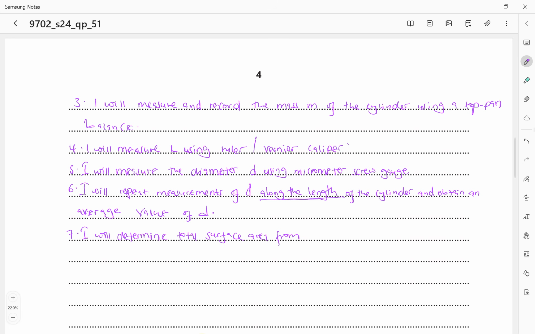We saw from my skeleton on the first page that the total surface area is equal to pi D times L, that is the circumference, plus the area of both sides, which was pi D squared over 4 times 2, which became pi D squared over 2. So I've determined the surface area.